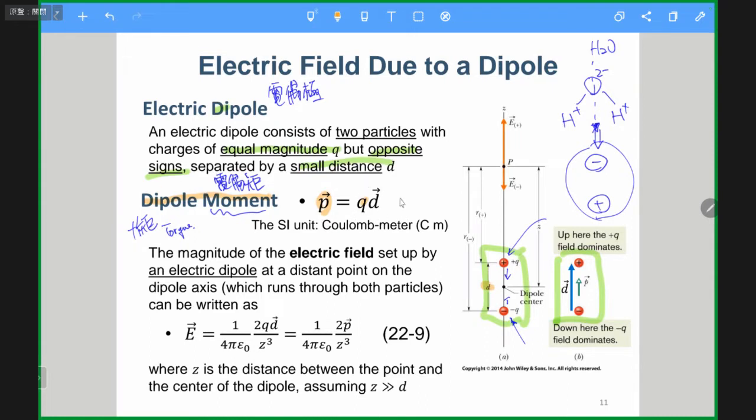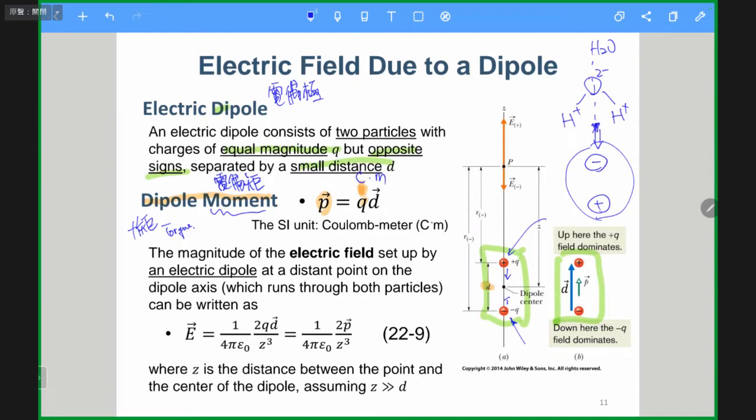The total is called the dipole moment. The SI unit for charge is coulomb, and the SI unit for distance is meter, so it is C times m.